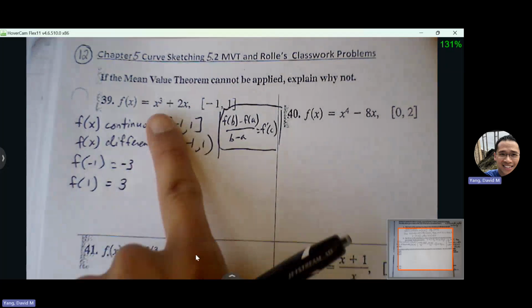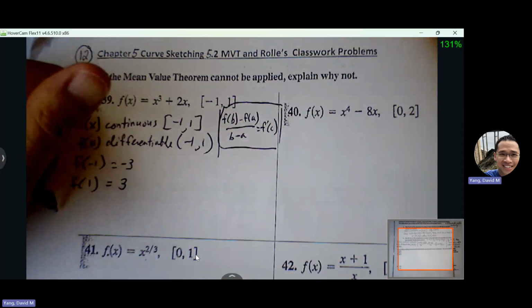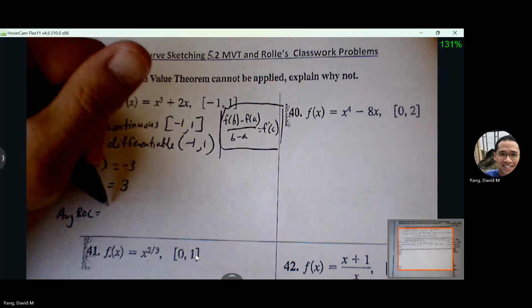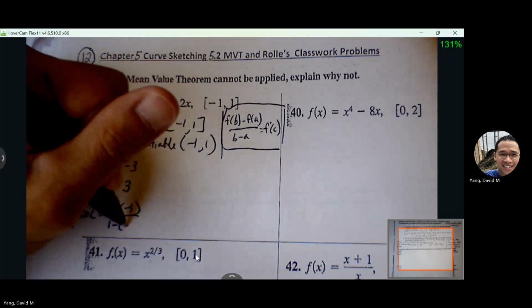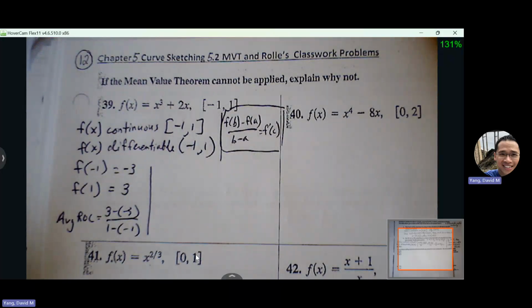If I plug 1 into the function here, I get 1 plus 2, which is 3. Okay, so now let's find the slope, your average rate of change. I get 6/2, which is 3.